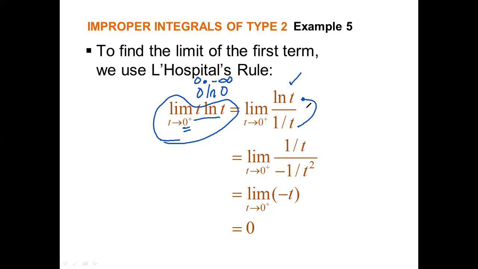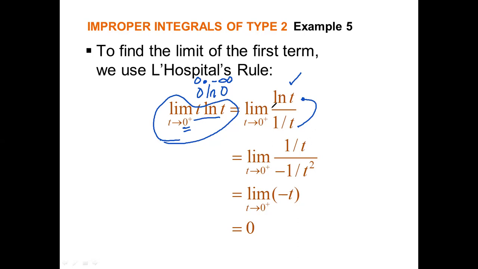If it's now written in rational form, when you speak of rational, it's a fraction, so you can use L'Hopital's rule. So what is L'Hopital's rule? Differentiate the numerator and the denominator separately. If you differentiate ln of t, that would be du over u, so 1 over t.